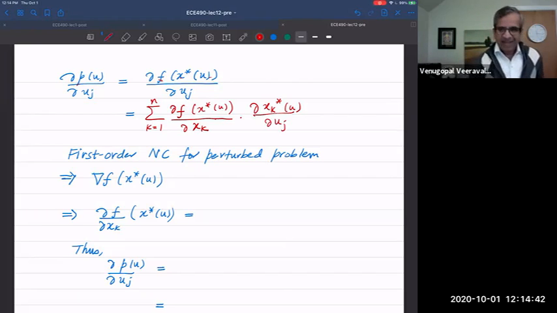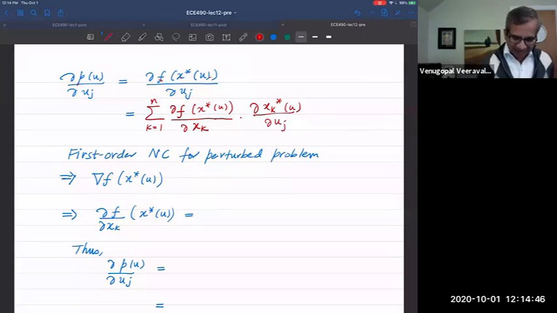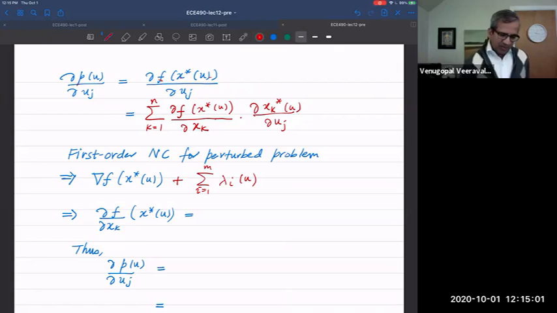Okay. Now, so that's just the chain rule, right? So now the first order necessary condition says that, for the perturbed problem, I know the perturbed problem has a local min, which is x star of u, and corresponding unique Lagrange multiplier lambda i of u.